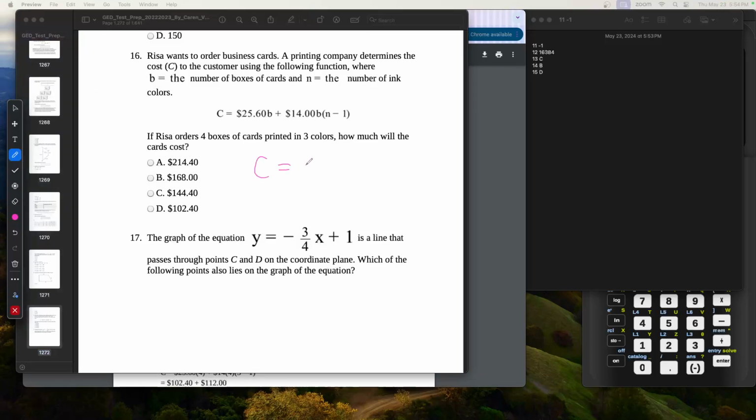So C is equal to 25.6 times 4 plus 14 times 4 times 3 minus 1. Hopefully you can do the calculation here.